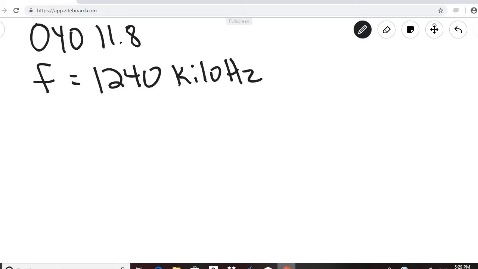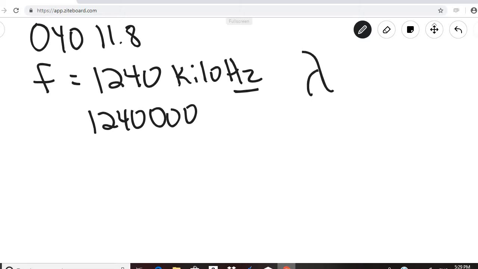What is the wavelength of those waves? Okay, so first of all, since everything else we're dealing with is in hertz, we need to get that into hertz. So we just multiply by 1,000, so we're just going to add 3 zeros to this. So it would be that many hertz.